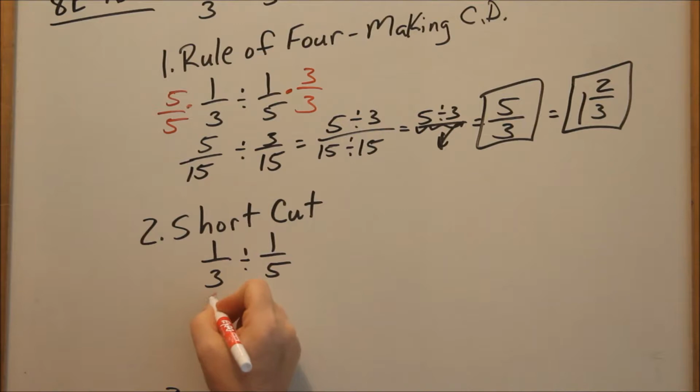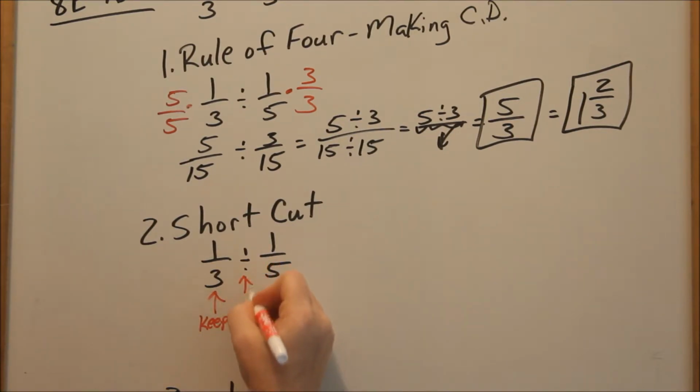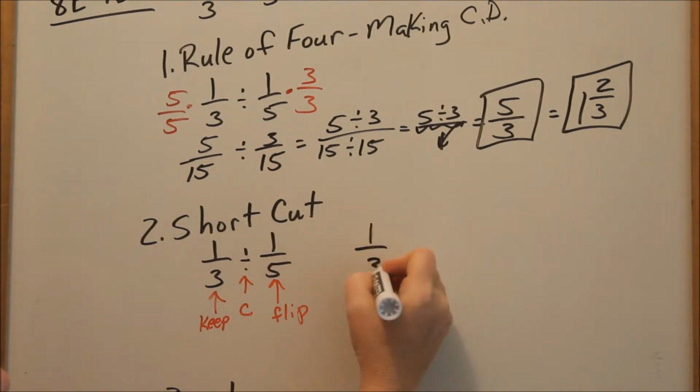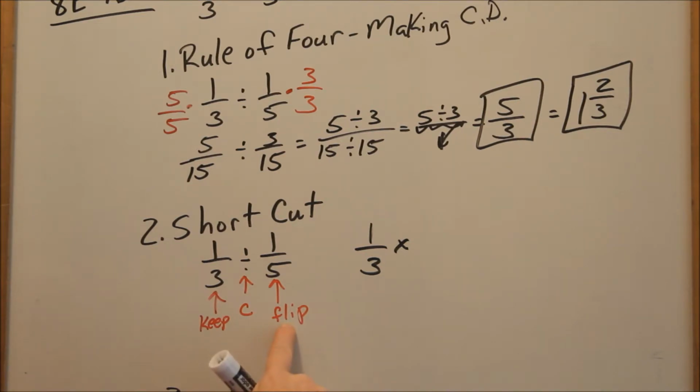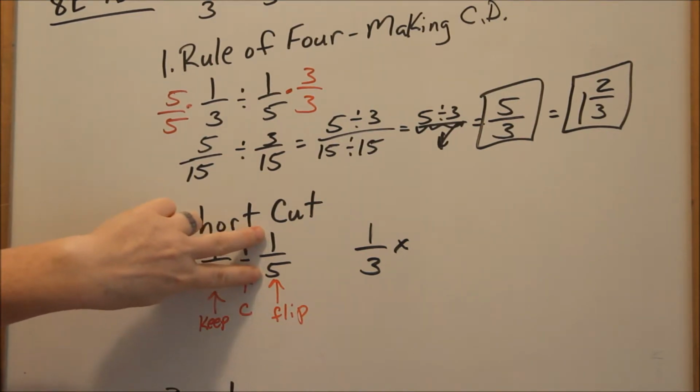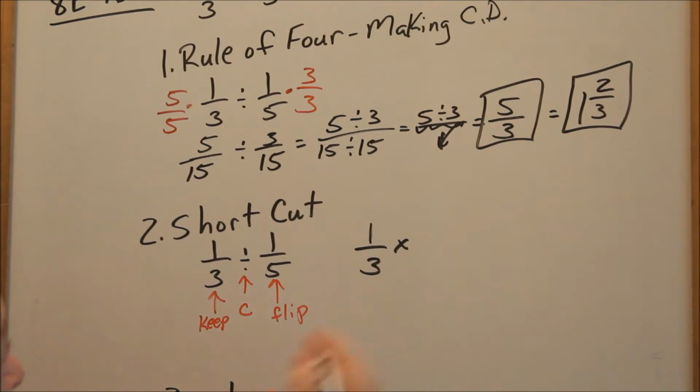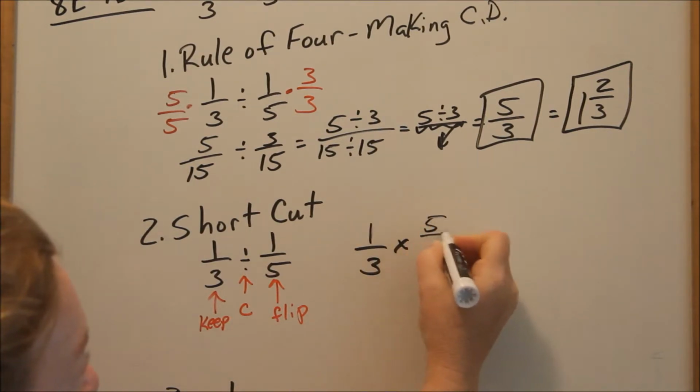So keep, change. I'm going to put C for change, and then flip. Keep, change, flip. So keep the first fraction, change this into multiplication, and then flip the second one. In other words, take your fraction and just flip it over. You do the reciprocal. Flipping it is called the reciprocal.